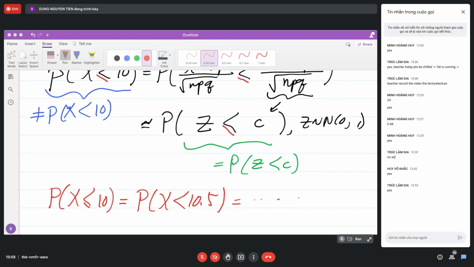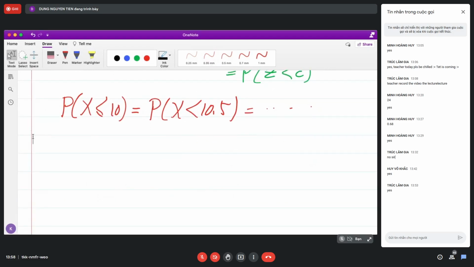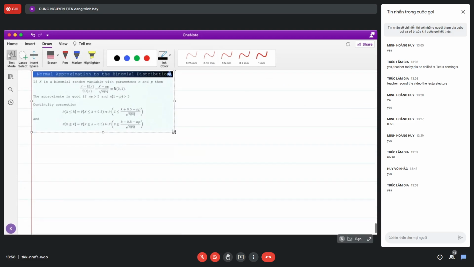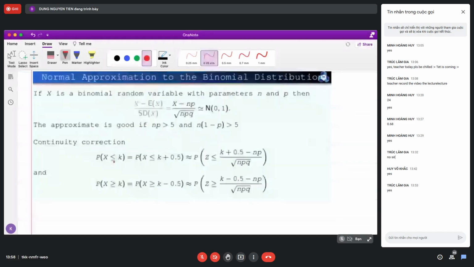Then I can come up with the following approximation. The probability that X is less than or equal to k is equal to the probability that X is less than k plus 0.5, and you can use the standard normal distribution to get the answer.